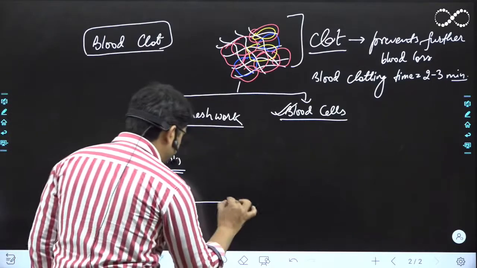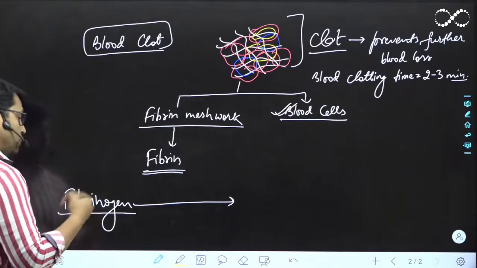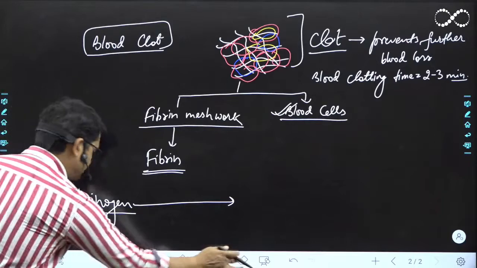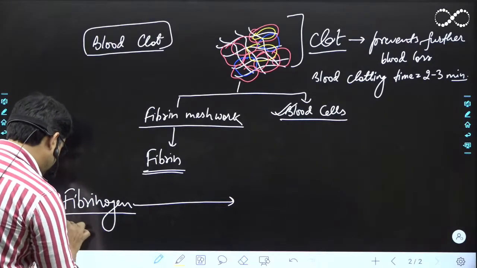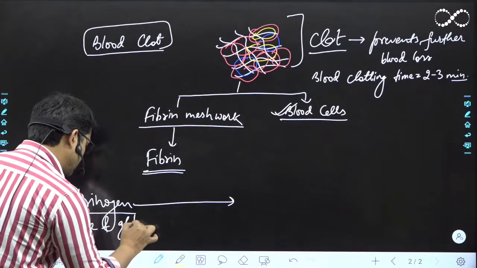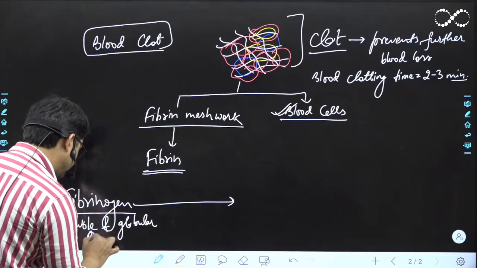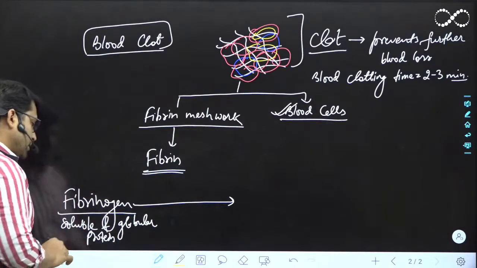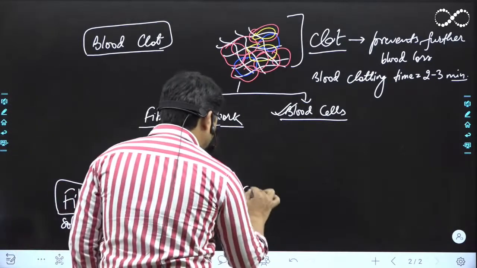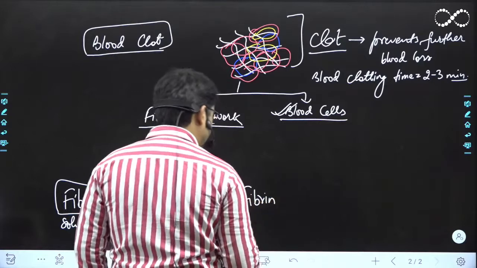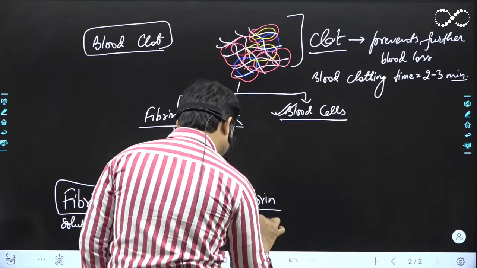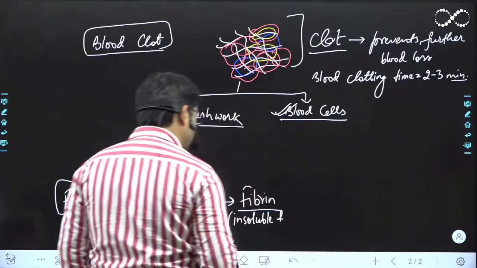This fibrinogen is a globular protein and soluble protein, okay. Now this fibrinogen, okay, is converted into fibrine, and this fibrine is an insoluble and filamentous protein.